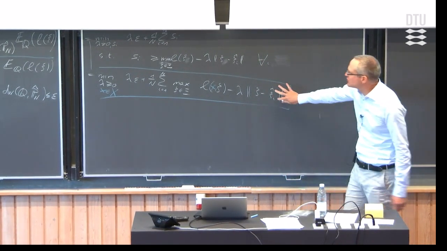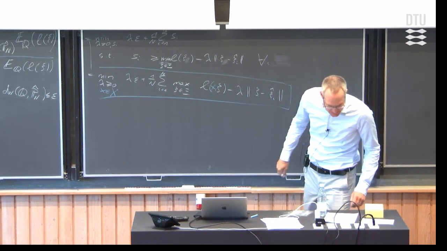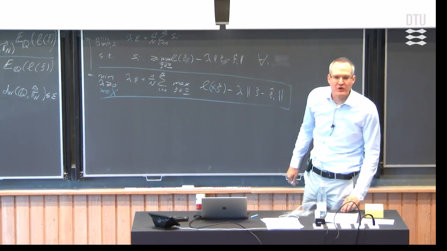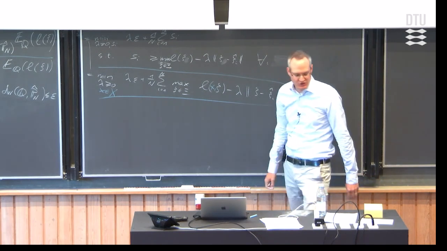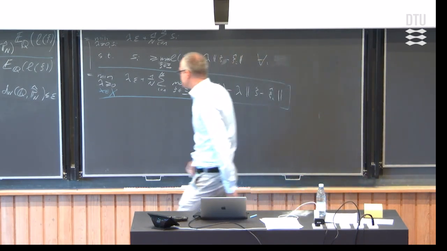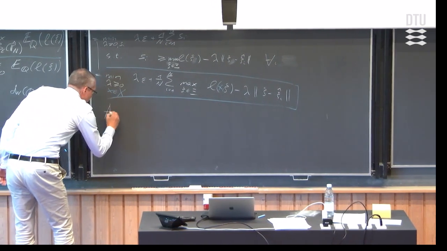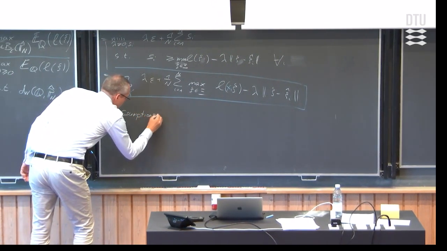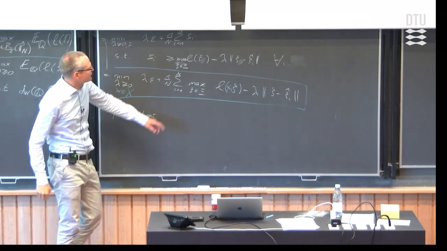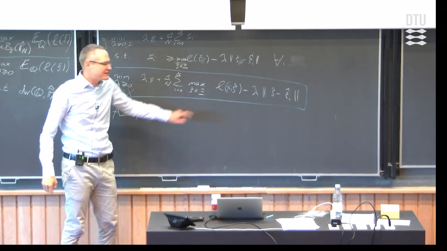So now I would like to show to you that this problem here can be reformulated as a simple linear program under some conditions. And I need to write down what these conditions are. So the assumptions are the following. First, I assume that the uncertainty set is a polyhedron.